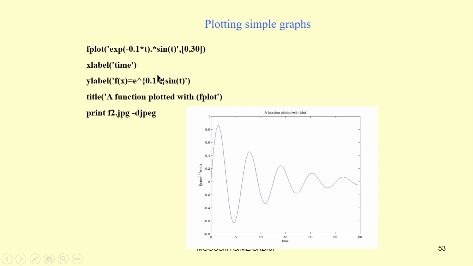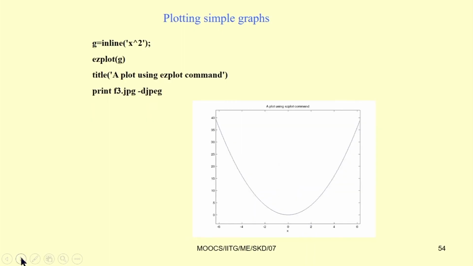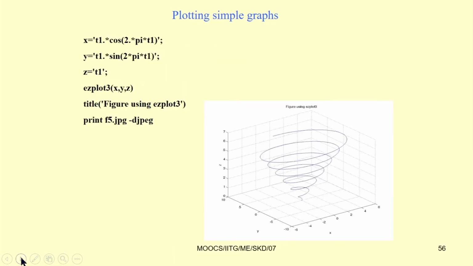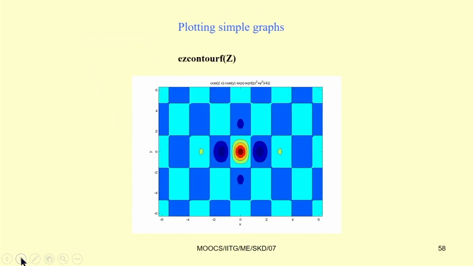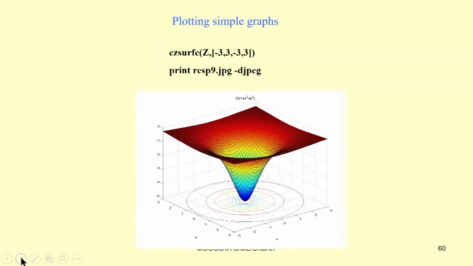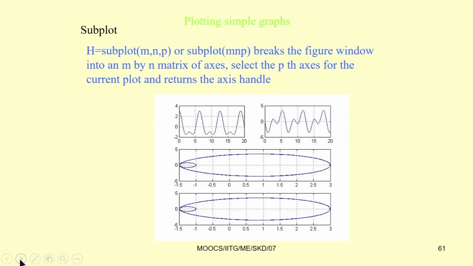For plotting a function you can use plot. The ezplot command you can also use, the ezpolar command, and then ezplot3 for 3D plots. Simple graphs this way; contour plots you can do, and then surface plots. Many other features are there, so you can utilize those things.